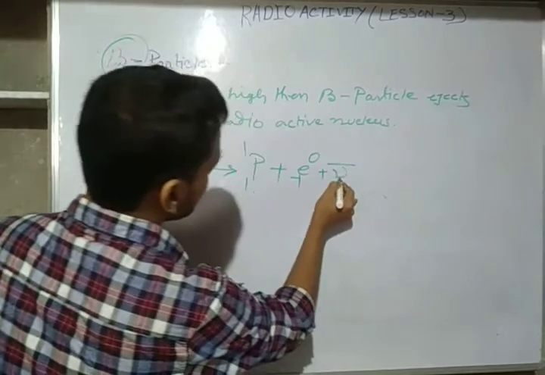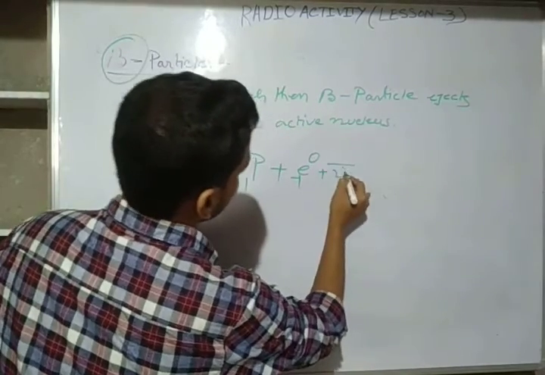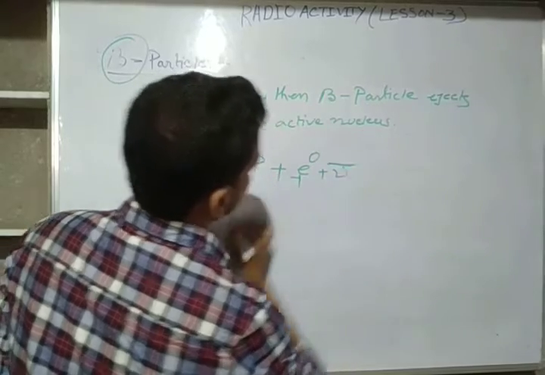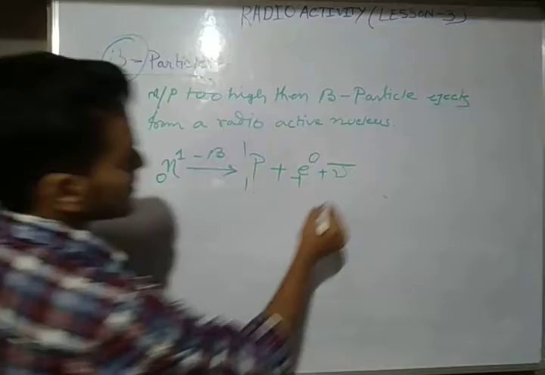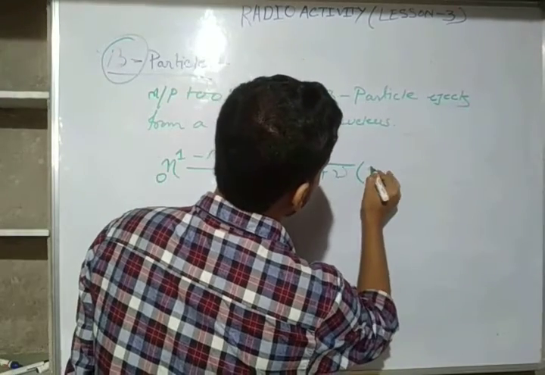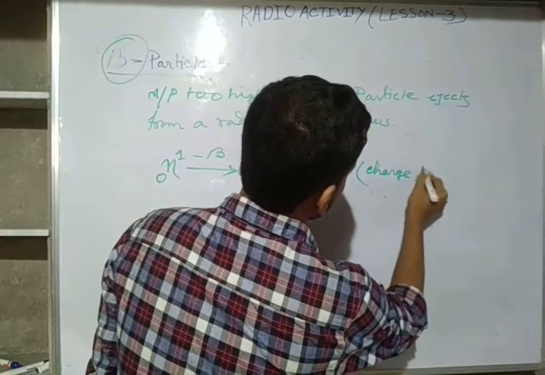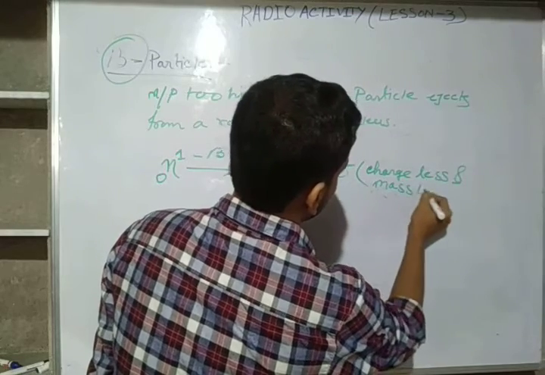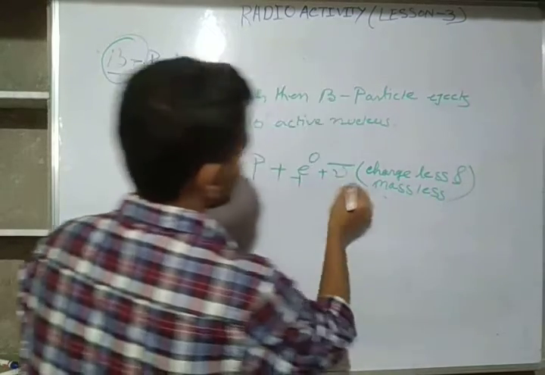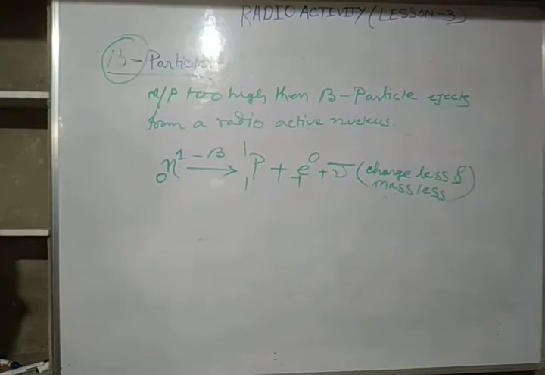This is neutrino, and bar of V, this is anti-neutrino. The anti-neutrino particle is also released. This anti-neutrino particle is chargeless and massless, means it has no charge and no mass. Okay?